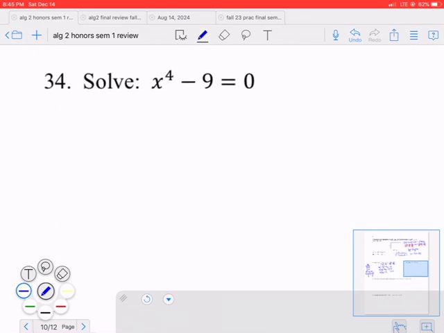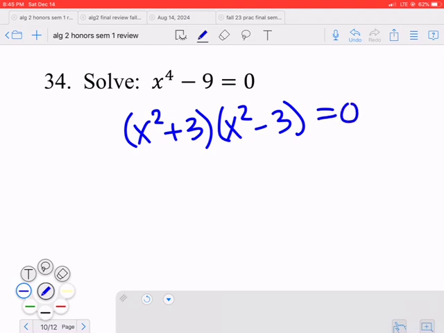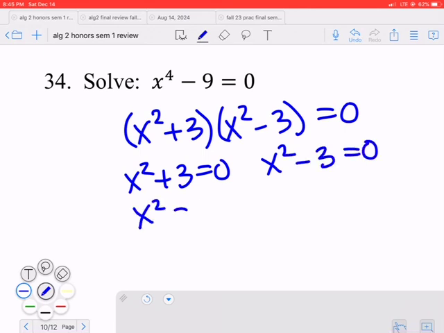Solve. All right, this is difference of squares. x squared plus 3, x squared minus 3. And so x squared plus 3 equals 0. x squared minus 3 equals 0. x squared equals negative 3. x squared equals 3.